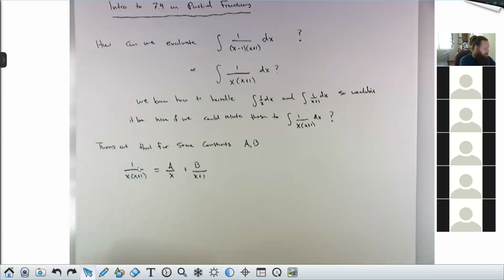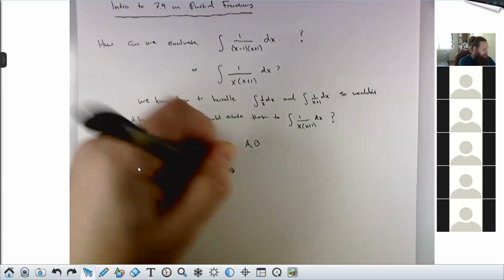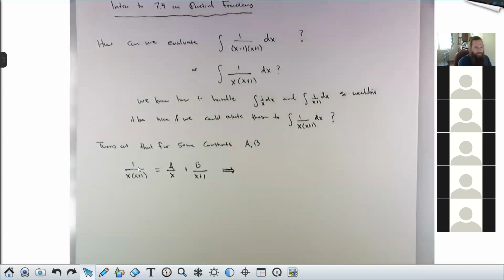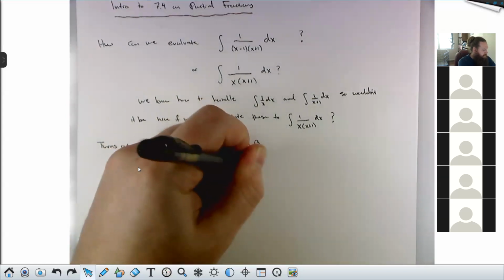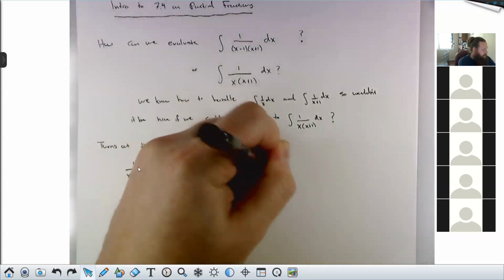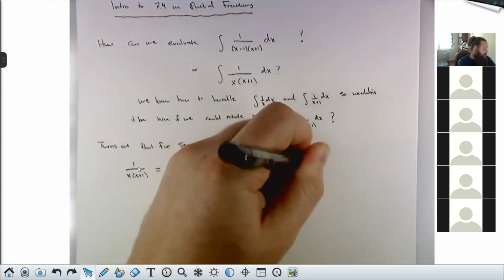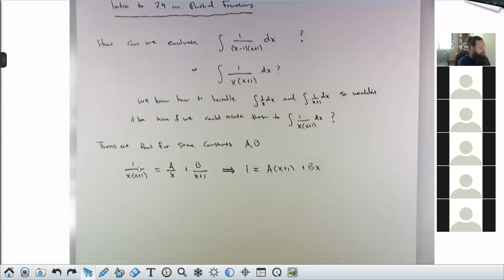And then from here, once you accept that that is possible, we can try to solve for A and B. If you cross multiply on both sides, meaning you multiply both sides by x times x plus 1 to kill all the denominators, you get 1 equals A times x plus 1 plus B times x.